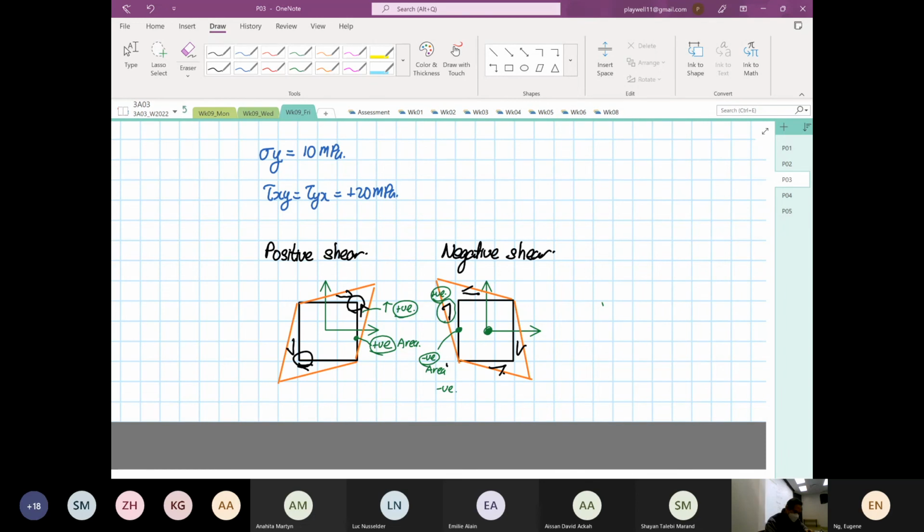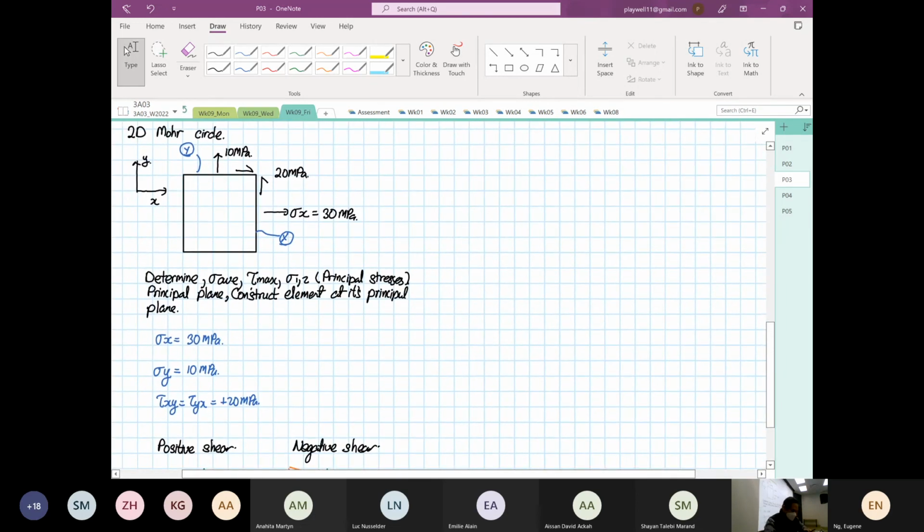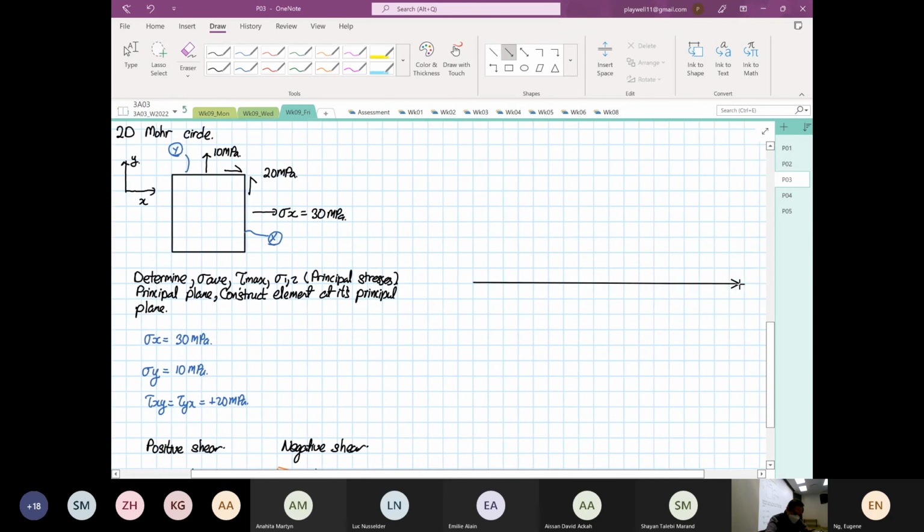No? Okay. The next thing we're going to do is construct Mohr circle. On Mohr circle, the x-axis is our normal stress, and the y-axis is our shearing stress. At the center is 0.